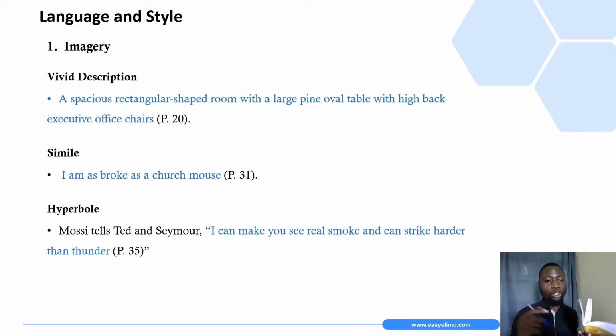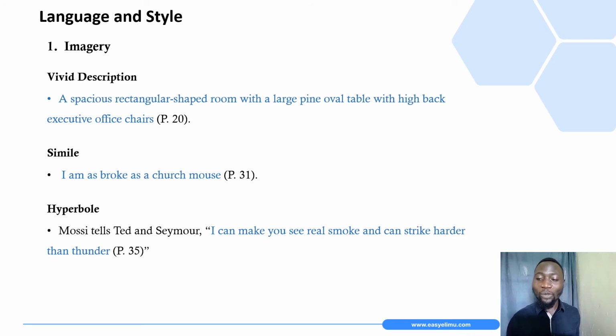So we have the use of 'as... as'. Then the next style under imagery is hyperbole, which also means exaggeration. Mosi tells Ted and Seymour, 'I can make you see real smoke and can strike harder than that thunder.' So that is exaggeration.